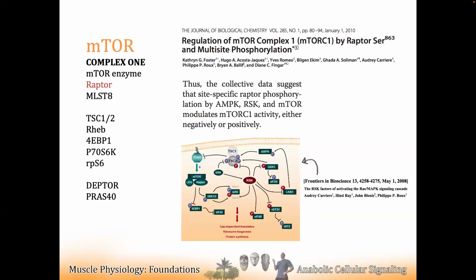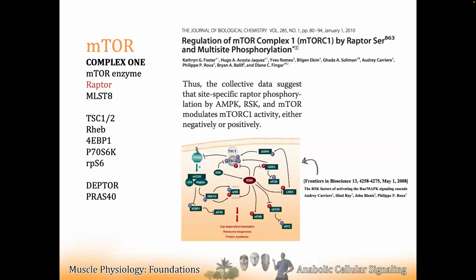So you see the incoming arrow from ERK, extracellular signal regulated kinase, that's the MAPK cascade, ERK1 and 2, phosphorylate and activate RSK following the binding of MAPK stimulating hormones or growth factors or chemokines or whatever anabolic thing.